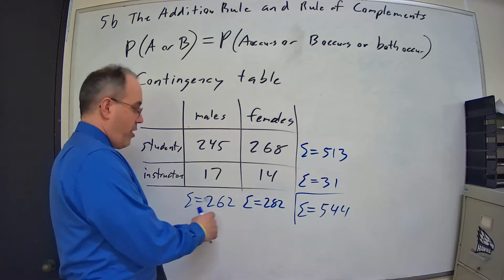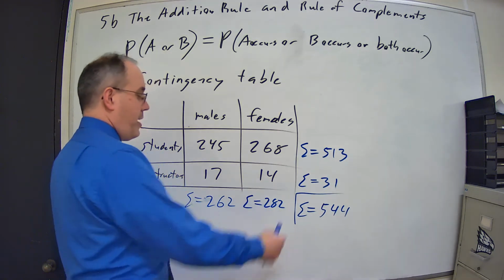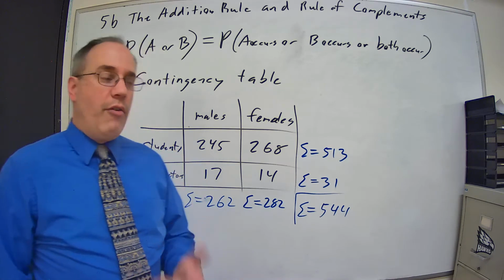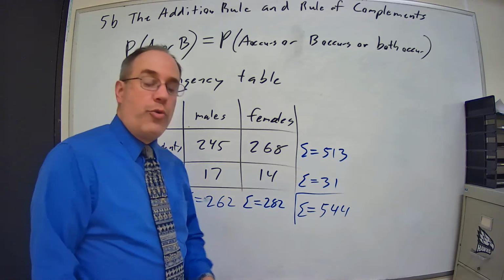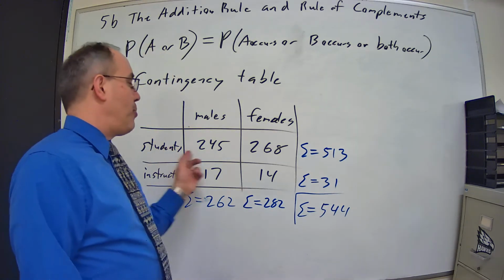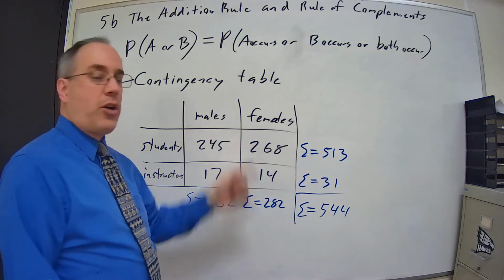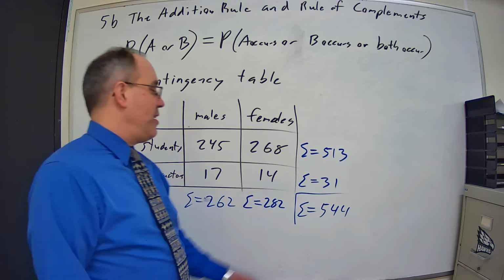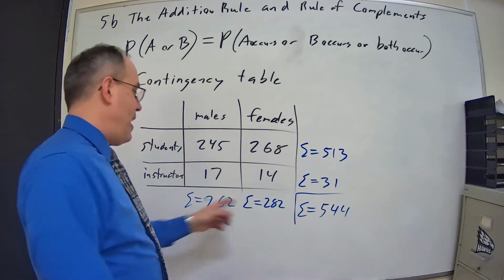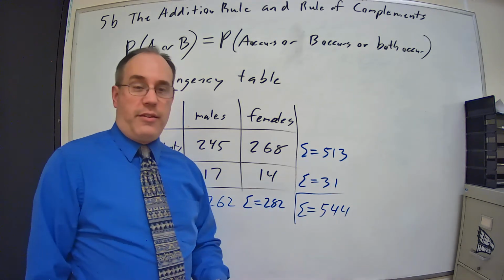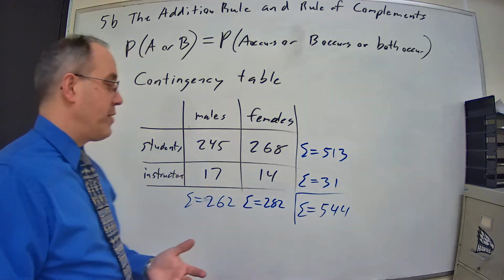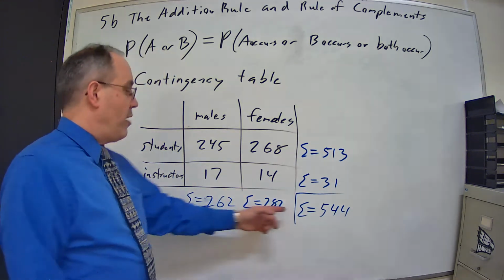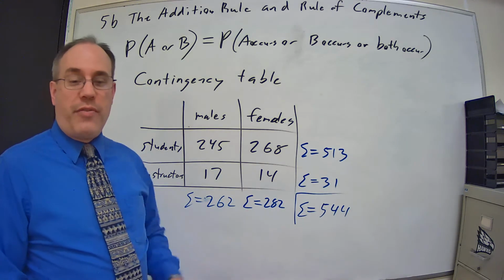Notice also 262 plus 282 gives us 544. Avoid the classic mistake. You are always going to either add up a row or add up a column. Don't add up both at the same time. People add this up and that up and get 1,088 instead of 544. These will add up to the same amount as long as you did everything correctly.